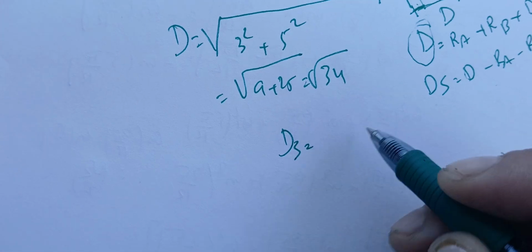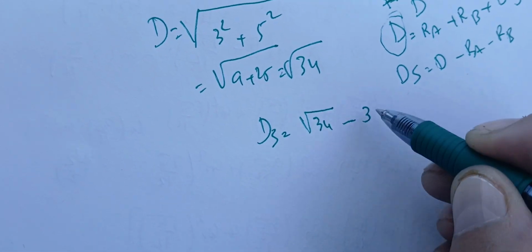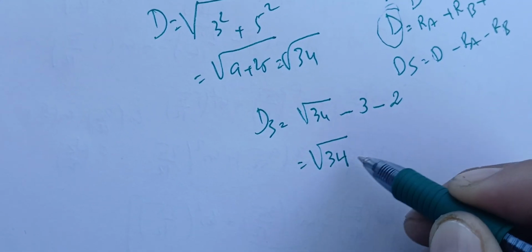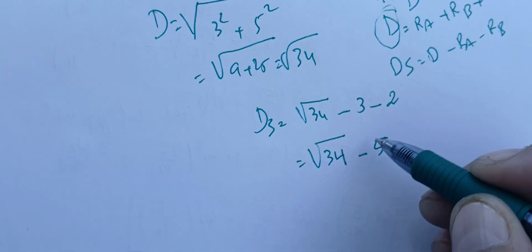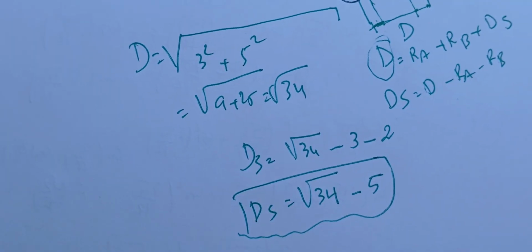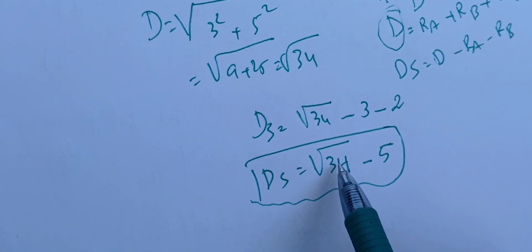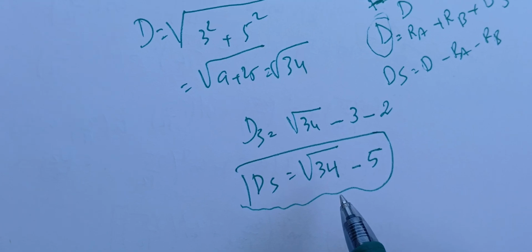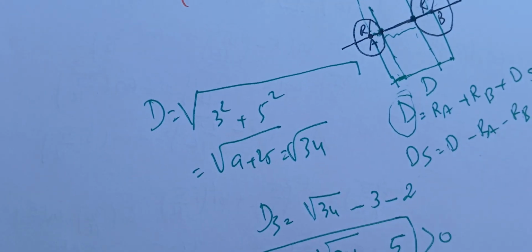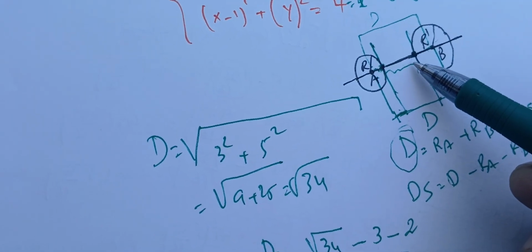So ds is just the distance between the centers minus the first radius minus the second radius, so it's the square root of 34 minus 5. This is the distance that we are looking for. Note that this distance has to be positive, and of course it is, because the square root of 34 is more than 5. So this is the smallest distance between the two circles.